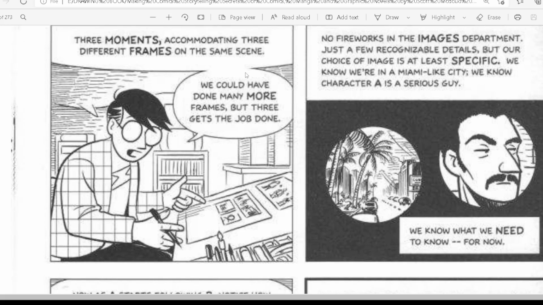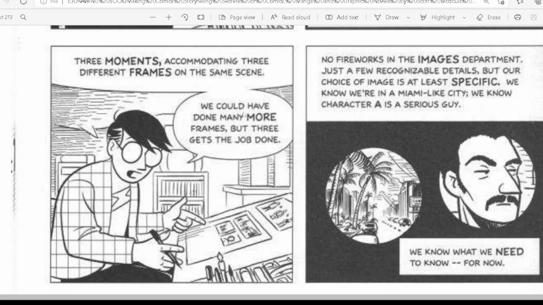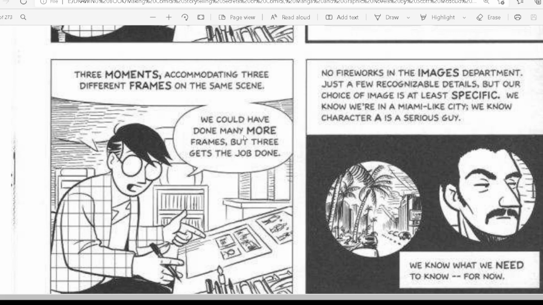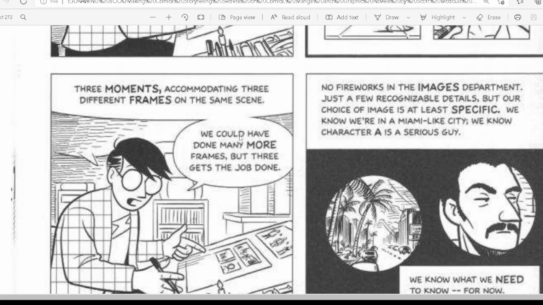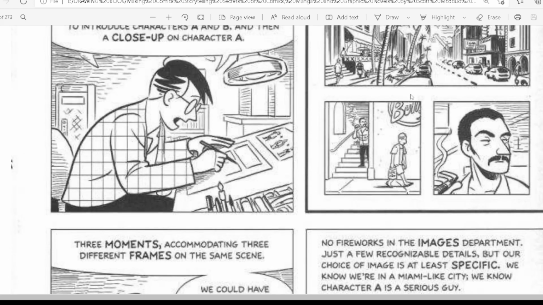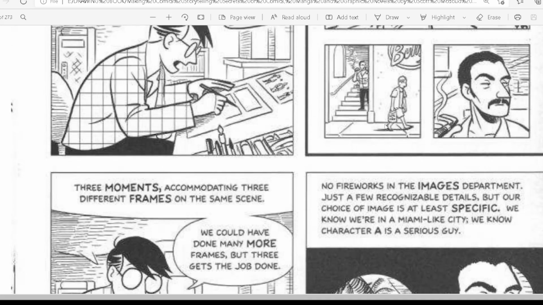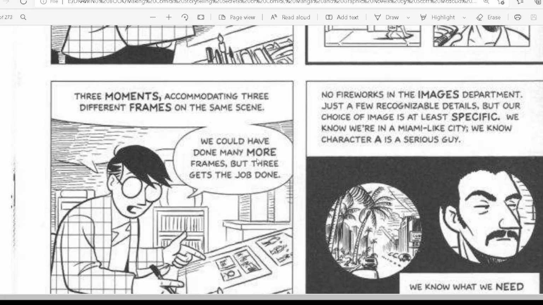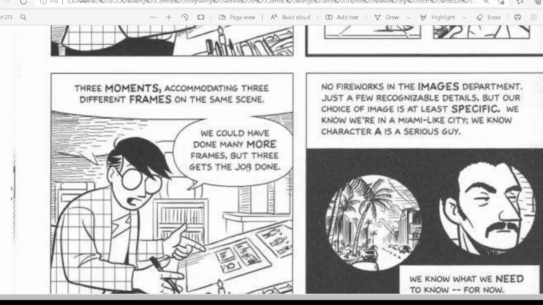If you want to get the job done, we have to recognize whether we need a lot of frames at the same moment, or lots of moments. I don't think so. As you can see, here is one scene, three frames and three moments. In only one scene there are three moments, and it is sufficient.